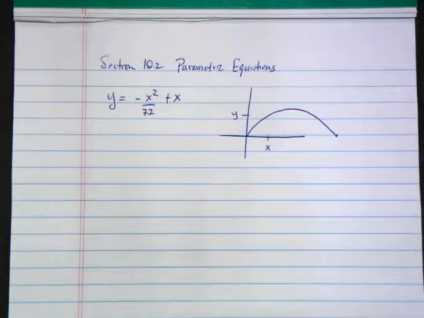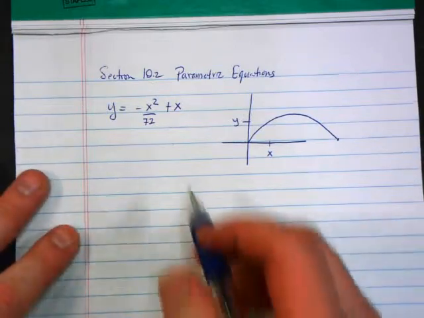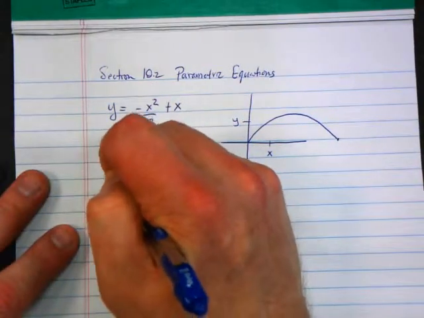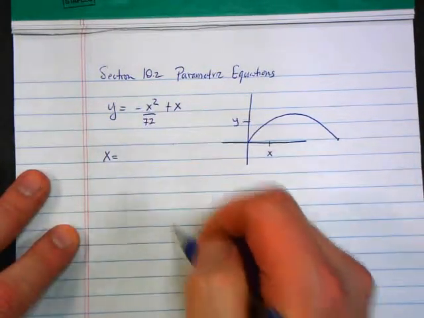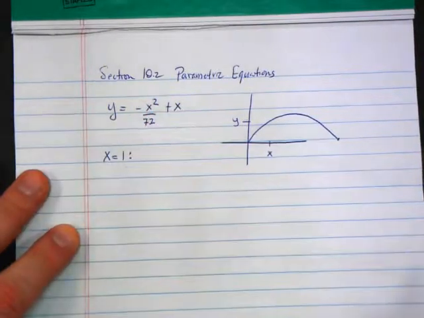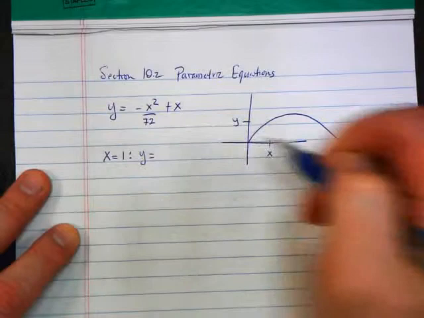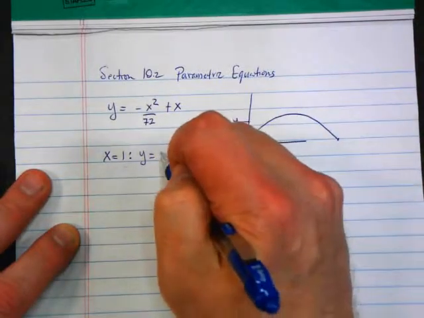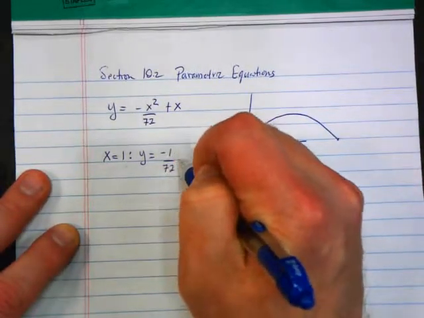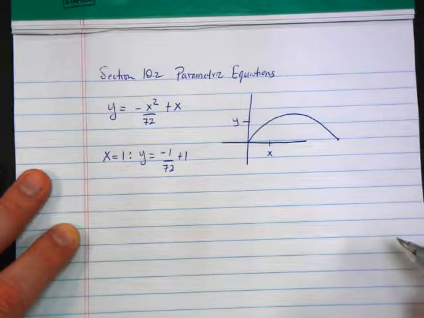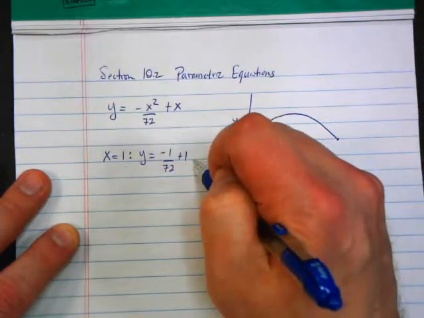It's kind of missing, for example, let's pick a number that we like for x. Anybody got a number that they like for x? X equals 1. Oh, you guys aren't very exciting. If I plug in 1, I get y equals negative 1 over 72 plus 1. Well, at least I can do that arithmetic.